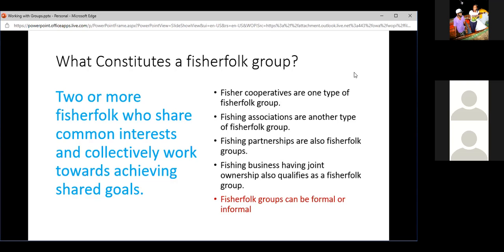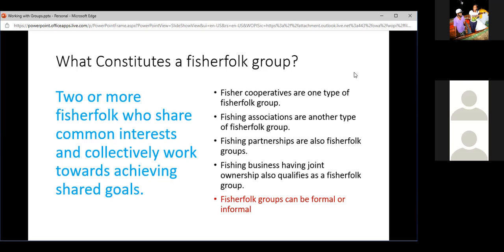There are slight variations in what each of these are, and the differences are based on the structures, the processes involved in forming these groups, and how these groups are regulated.